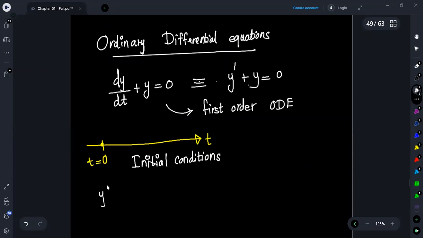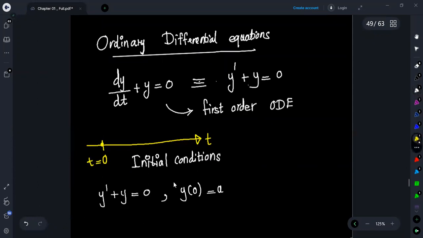If we write y dash plus y is equal to 0, the same first order ordinary differential equation, comma, y(0) is equal to a.